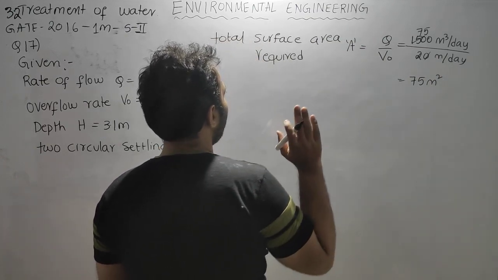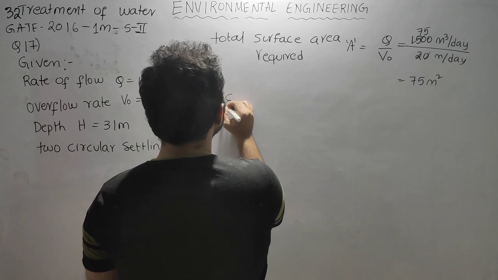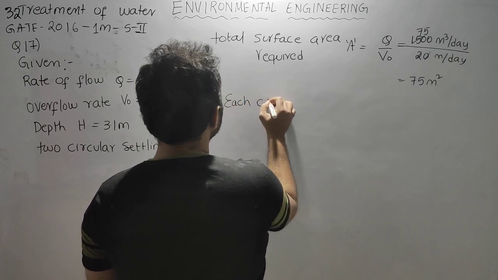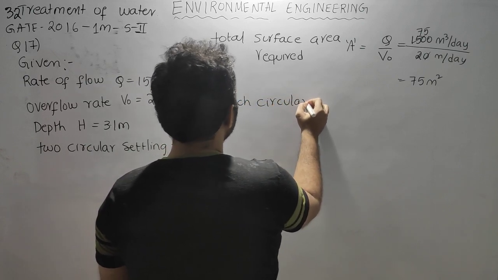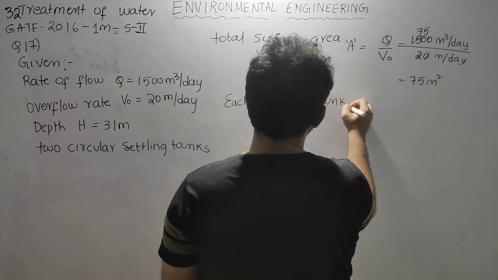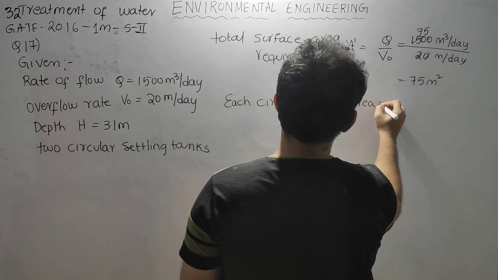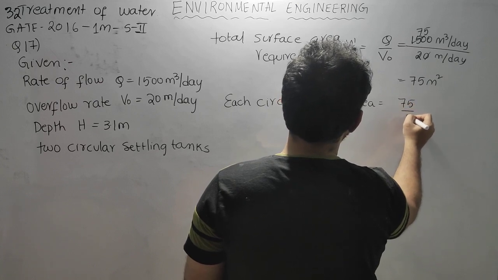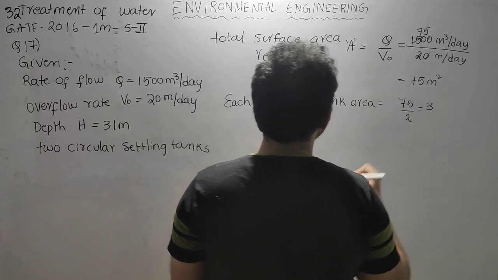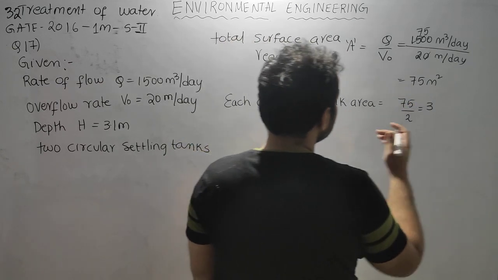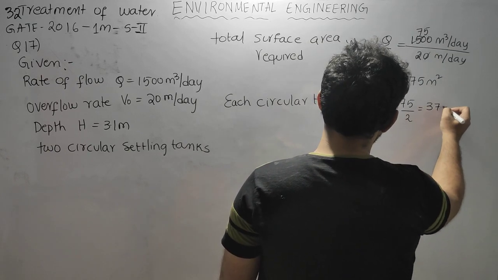Now we are providing two circular tanks. So each circular tank area is equal to 75 by 2, that is 37.5.